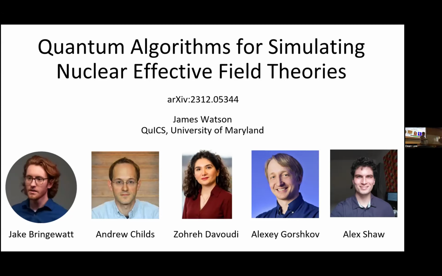He's working at the interface between computer science, mathematics, and physics. His work focuses on tools from theoretical computer science to explore complex physical systems and their possible limitations. James received his PhD from University College London in 2021. We're very happy to listen to his talk on quantum algorithms for simulating nuclear effective field theories. So go ahead, James.